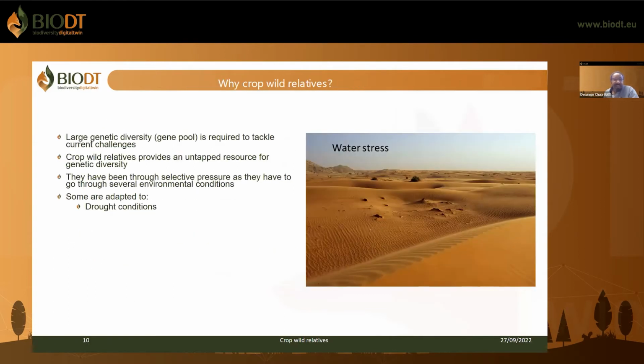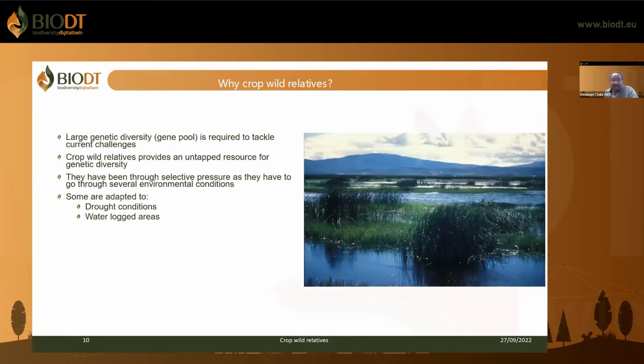So we need a large genetic diversity or gene pool to tackle the current challenges, and crop wild relatives provide untapped resources for genetic diversity. They have been through selective pressure as they have to go through several environmental conditions in nature. We have some crop wild relatives which are adapted to drought conditions, and some of them are adapted to waterlogged areas.